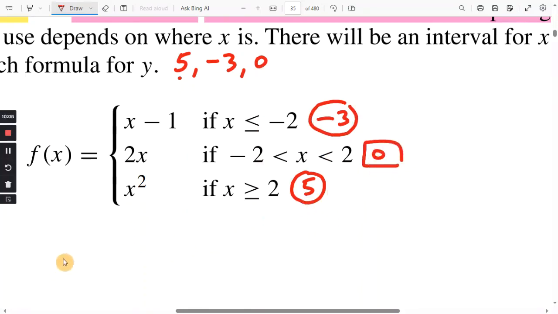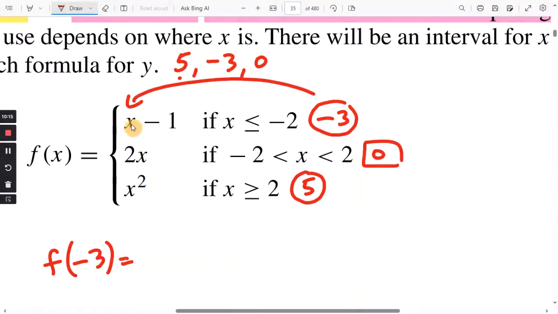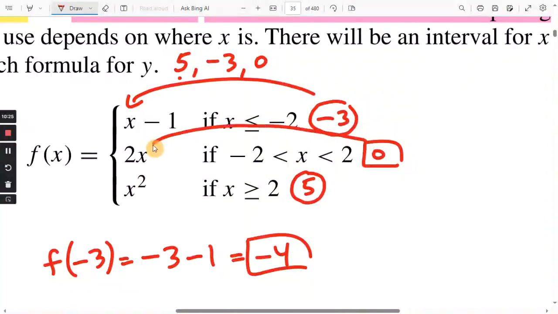Okay, and now let's plug them in. So for f of -3, we're going to take x equals -3 and put it in there. It's going to be -3 minus 1, which is -4. For the 0, we're going to put it in right there.